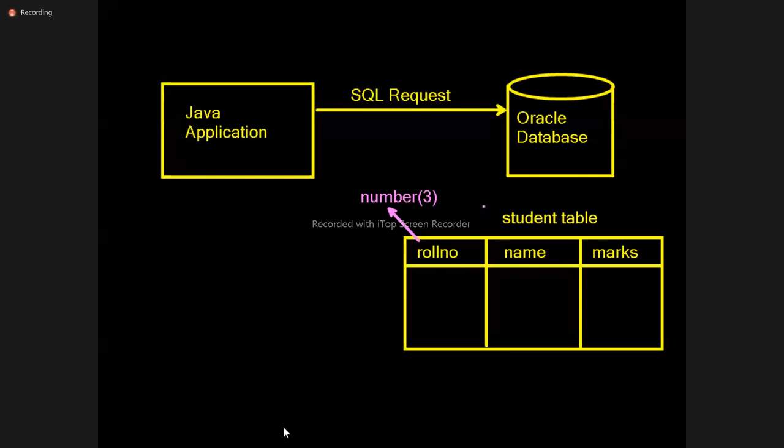Here name, varchar2, 10 characters maximum. Marks again number. These are Oracle data types. Number 3, so number 3 type. Here varchar2 10 type.